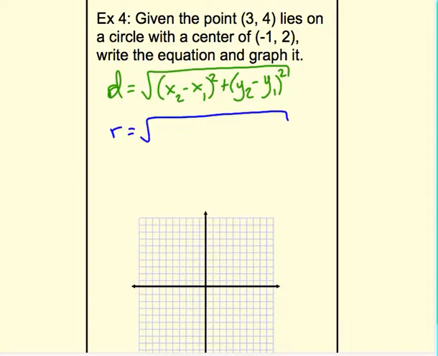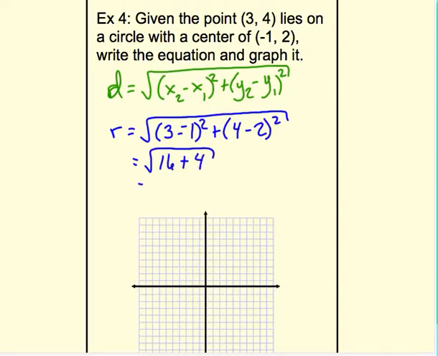So looking at my x coordinates, 3 is bigger than -1, so I'm going to do 3 minus -1. 4 is bigger than 2, so I'm going to do 4 minus 2. Simplifying, we get 4 squared is 16, and 2 squared is 4. So our radius is the square root of 20.